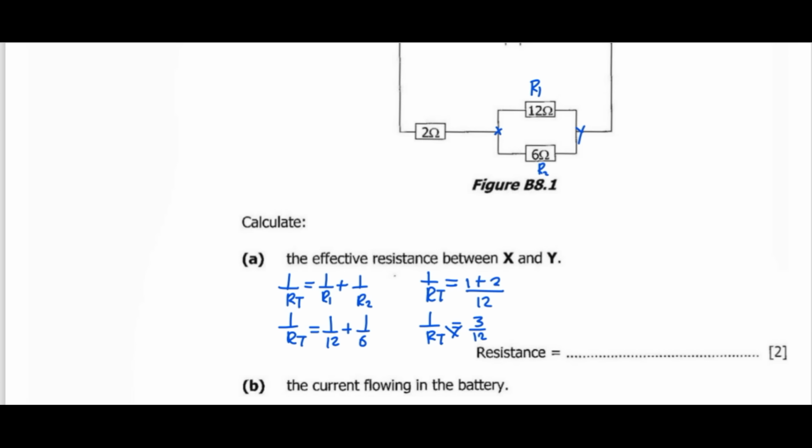We cross multiply. 3 times RT is 3 RT, then 12 over 3. So RT is equal to 4 ohms. This means that if we combine these two resistors, they will form one resistor with 4 ohms.